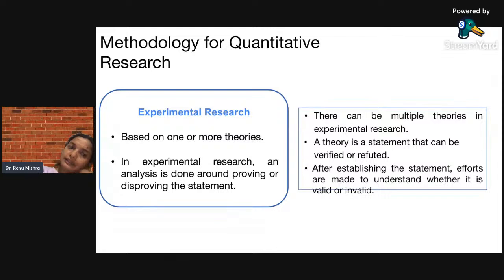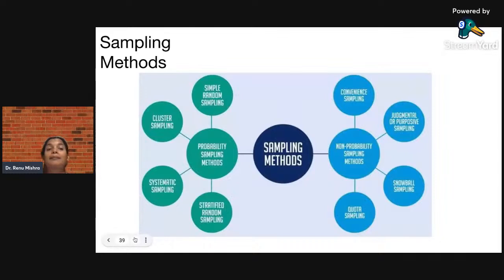I want to test whether once one basic need of an individual is attained, the individual reaches another level, and then another level. I want to test this theory. This is experimental research. Now, coming back to sampling. First of all, understand what a sample is.